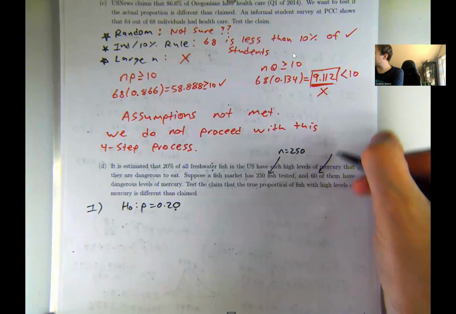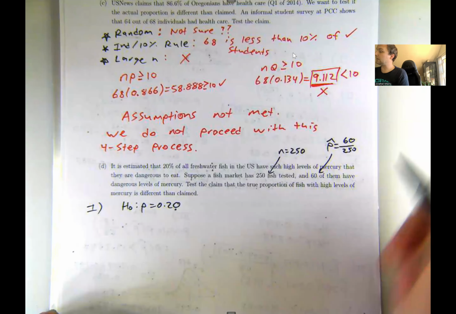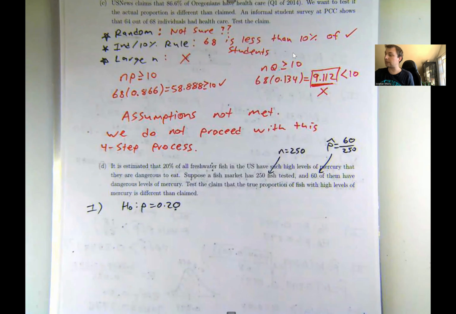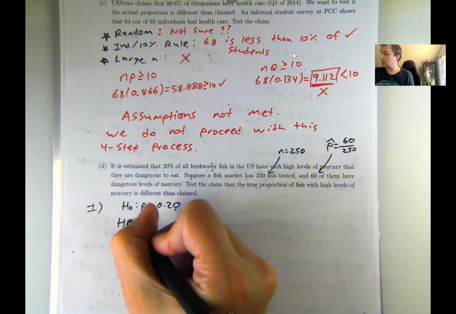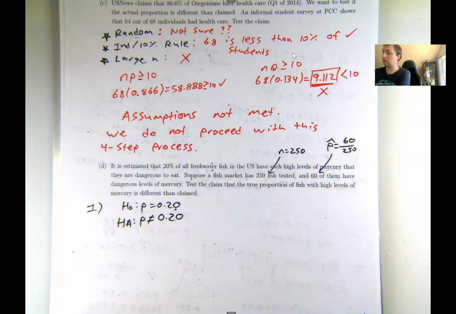And I have a success rate of 60 out of 250. Tested claim that the true proportion is different than claimed. So different means does not equal. So this is going to be a 2-tailed test.